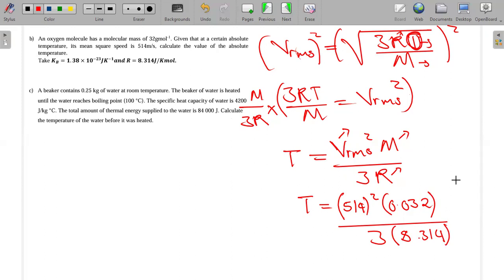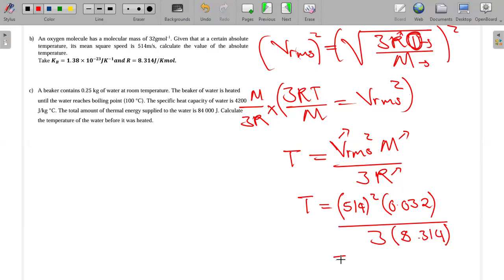All right, so we have kilo mole here. That's why grams per mole have to be turned into kilo mole. So if you divide them by 1,000, that's why we're getting the 0.03 that we have here. All right, as simple as that.